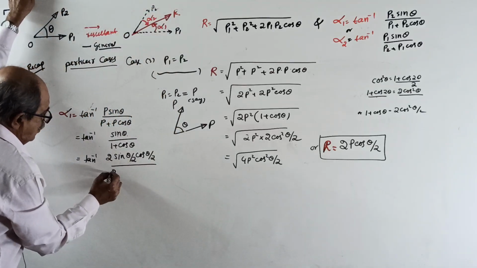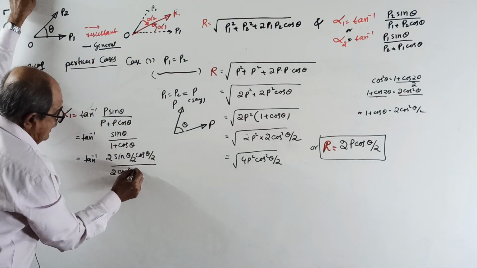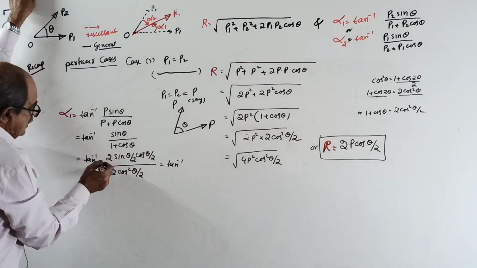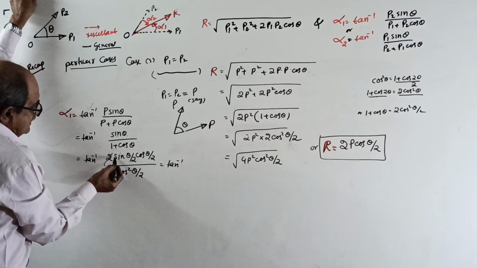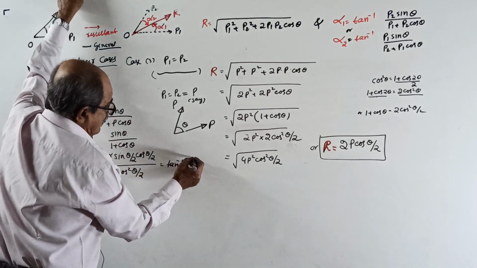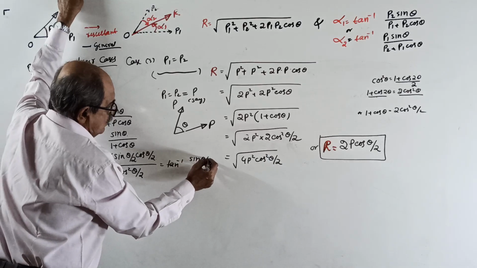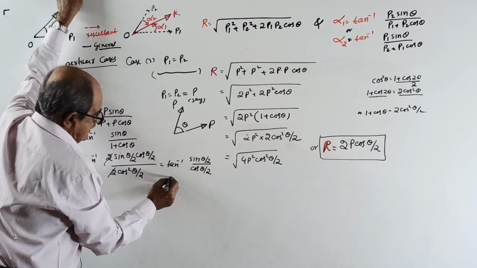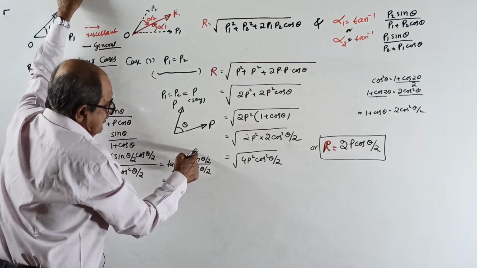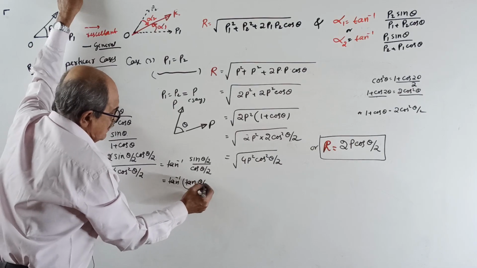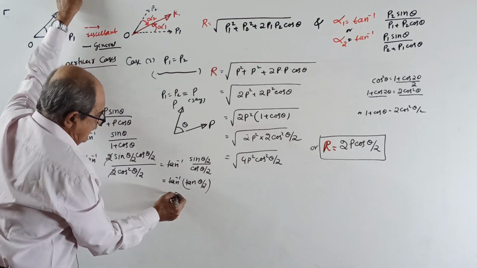The 2 will cancel, and cos theta by 2 cancels, leaving tan inverse of sin theta by 2 divided by cos theta by 2, which is tan inverse of tan theta by 2, equal to theta by 2.